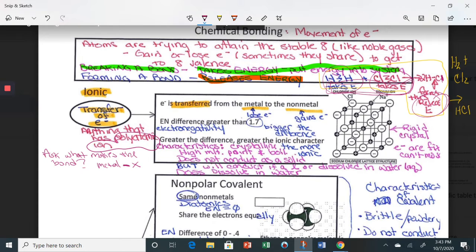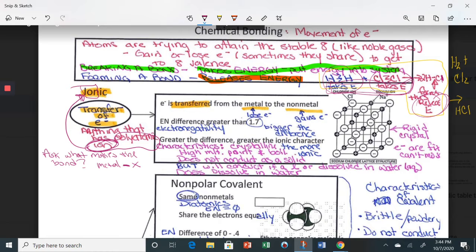Okay, so just realize that: a metal with something else, or a polyatomic ion anywhere, because polyatomic ion means ionic. Look at the root. If I have a cation and an anion, then I have to have an ionic bond. One of the ways we look at this is electronegativity difference.